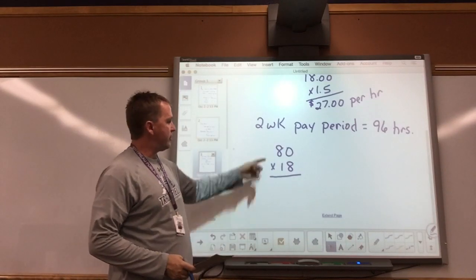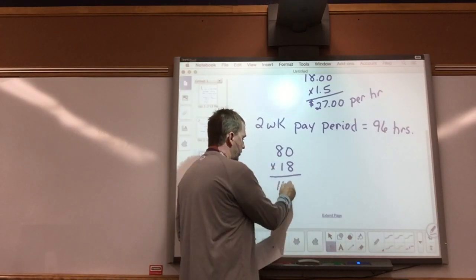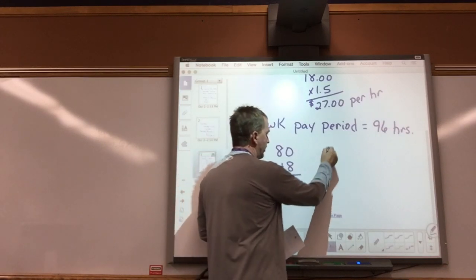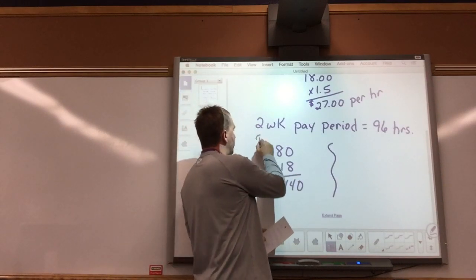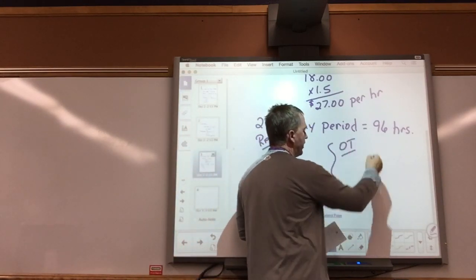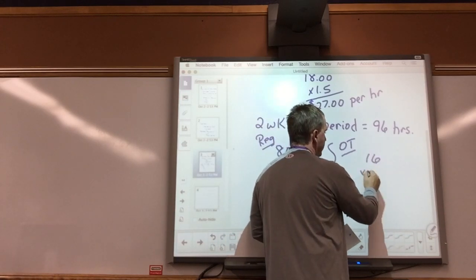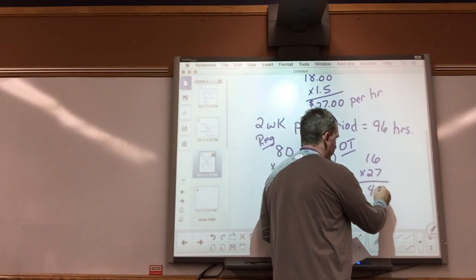That's our regular wage. First 80 hours multiplied by 18, and I have that done here, $1,440 from our regular wage. Just going to draw a little bit of a line here. I'll put REG to stand for the regular pay, OT standing for the overtime. We now have 16 hours of overtime at $27 per hour, and that turns out to be $432.